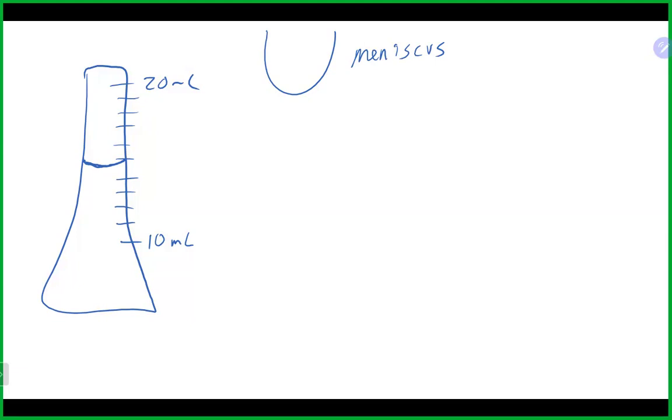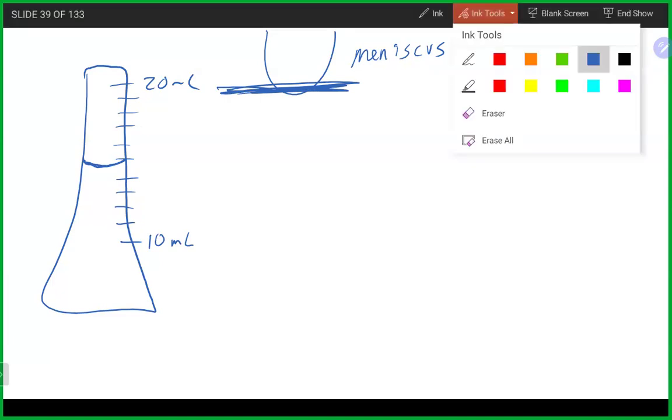Through capillary action, where it touches the glass, it rises up the side of the container, creating this U. With this type of meniscus, which is probably 99% of the time, we always read from the bottom.